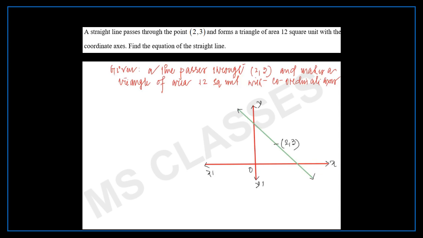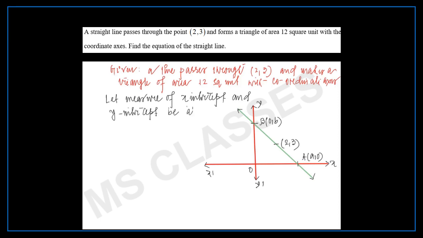So here we consider that the x-intercept of the line is A and the y-intercept of the line is B. So let the measures of x-intercept and y-intercept be A and B respectively.